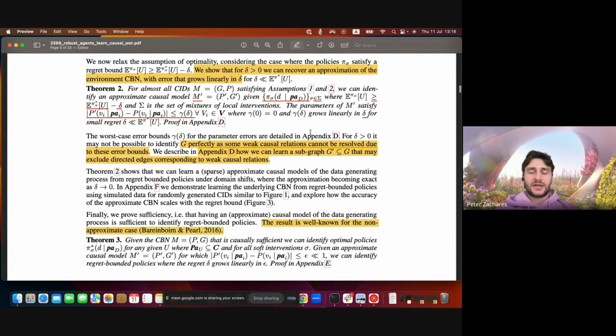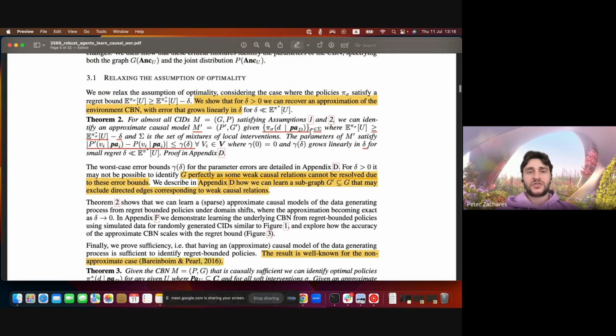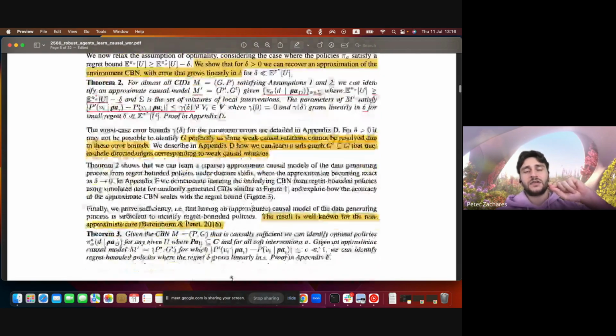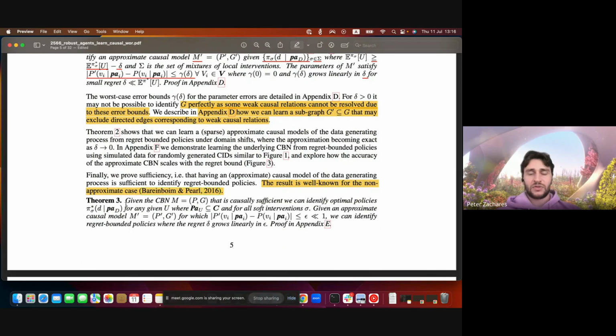Yeah, and so they've shown that the causal model is recoverable from the policies, from robust policies. And now over here, I think in theorem 3 they just show the other way around to create a sufficient condition.